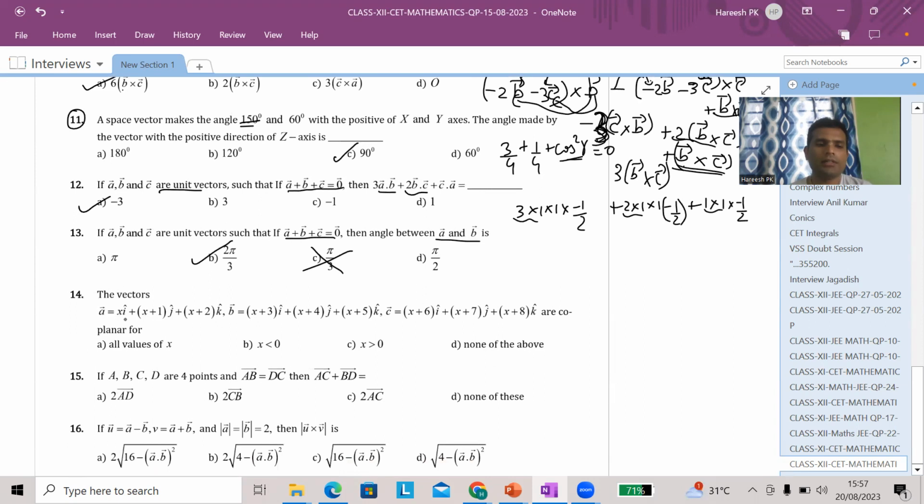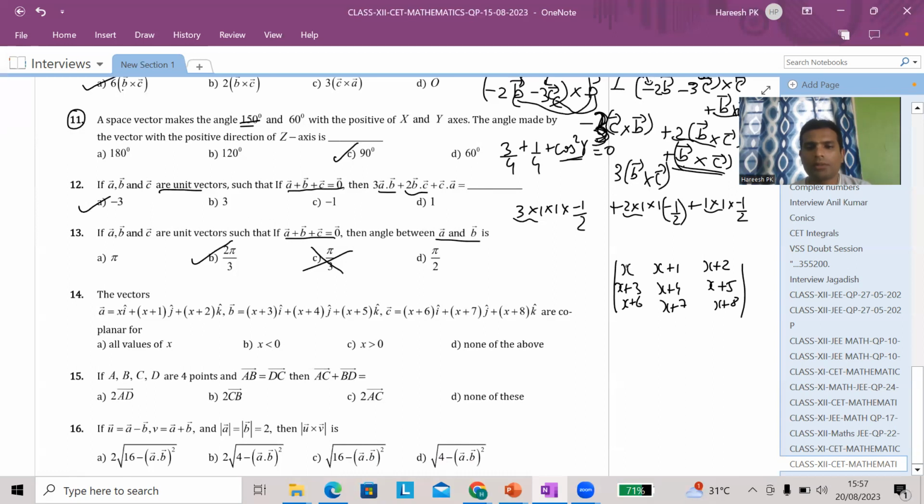So this is a standard result. If these three are coplanar, the determinant should be 0. Now it's easy to understand that because the determinant is like this: x plus 1, x plus 2, x plus 3, x plus 4, x plus 5, then x plus 6, x plus 7, x plus 8.